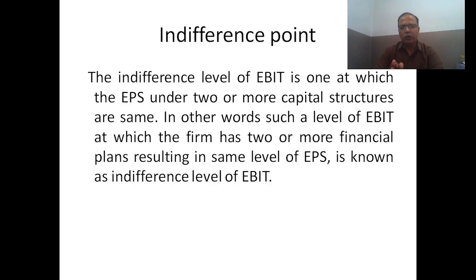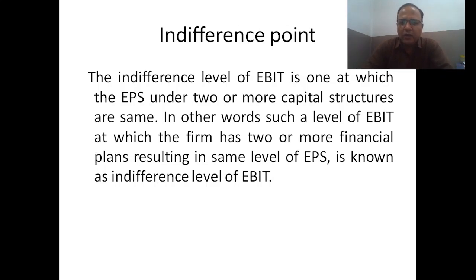Now the firm had two options. It may go to collect rupees 50 lakh by issue of equity shares, and the firm also had the option to collect rupees 50 lakh by issue of debenture.